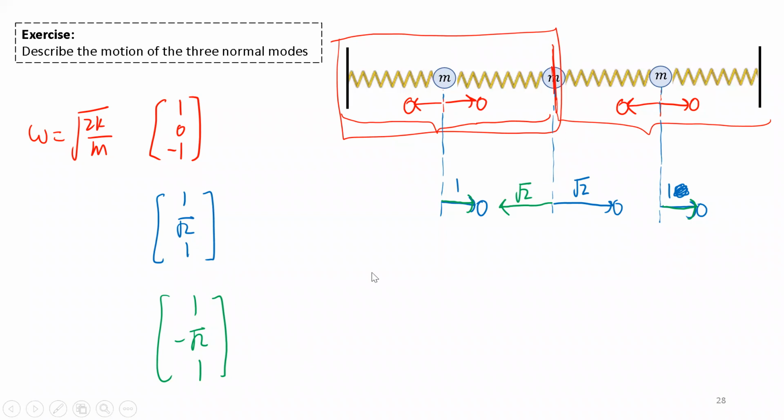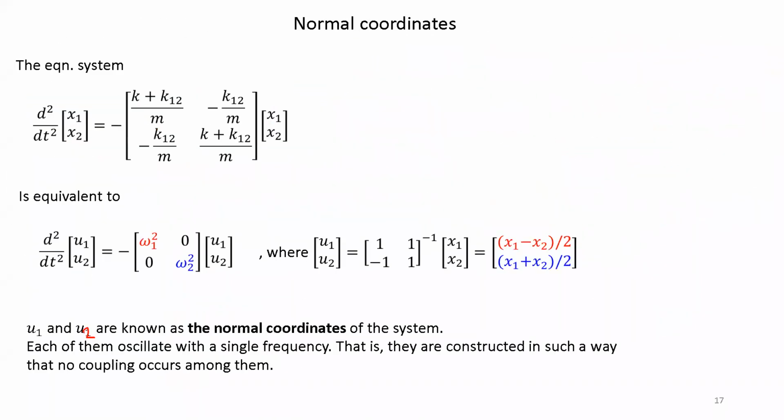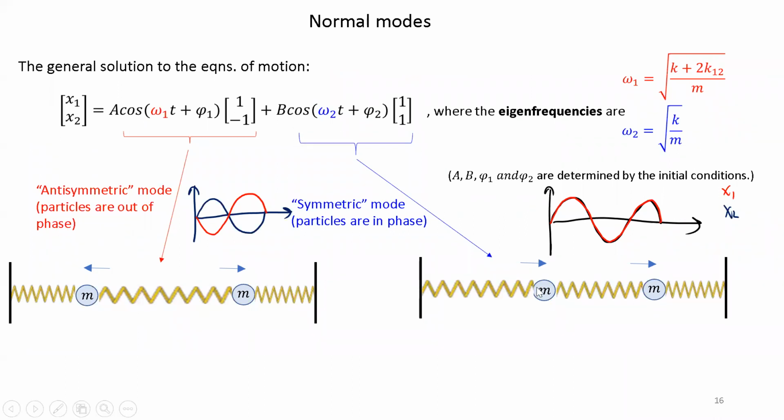Okay, so you can see that we have different eigenfrequency for different modes. And the one that has the higher frequency usually will be the one that involves more springs. What I really mean is that if I go back to look at the case of the two particles, this is the anti-symmetric mode with the higher frequency.